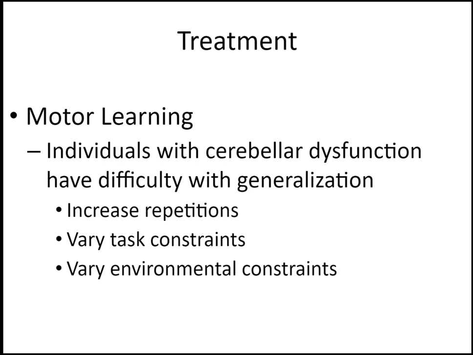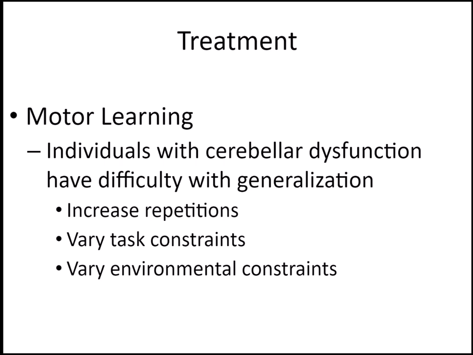And since they have trouble with motor learning, they're not able to generalize. So for example, for them, getting out of a lower surface chair is very, very different than getting out of a higher surface chair. Even though we would think it's very similar, they can't make that generalization. To them, a low surface chair is a completely different activity or task than a high surface chair.